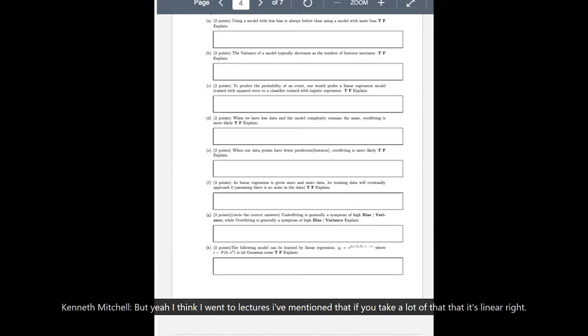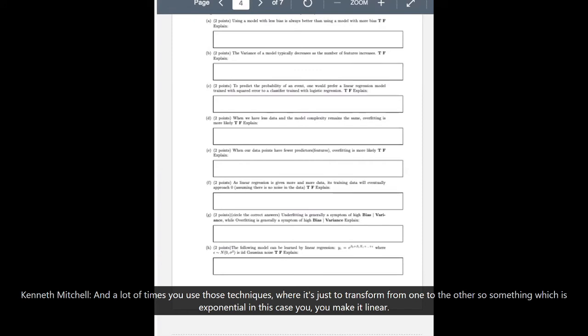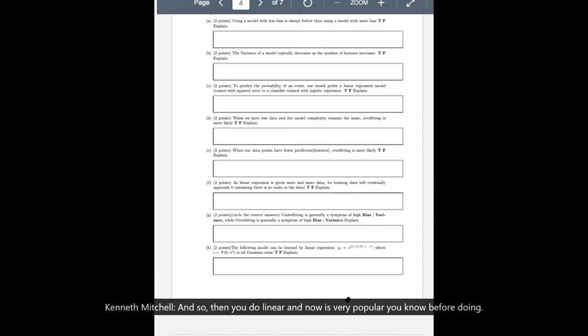But I think in one of the lectures I had mentioned that if you take the log of that, then it's linear, right? A lot of times you use those techniques where it's just a transform from one to the other. So something which is exponential, in this case, you make it linear, and then you do linear.